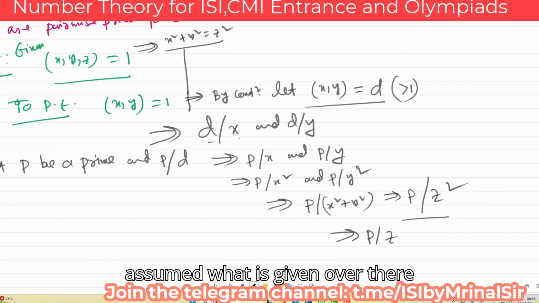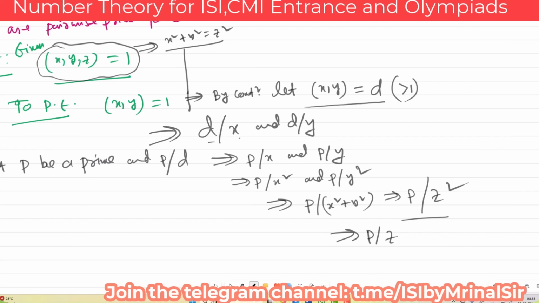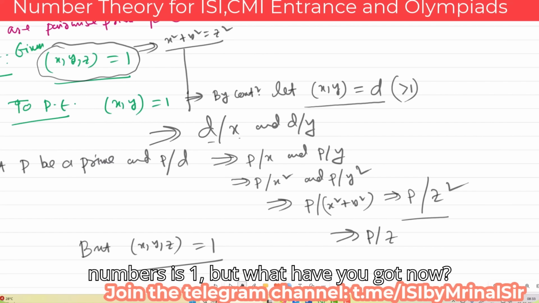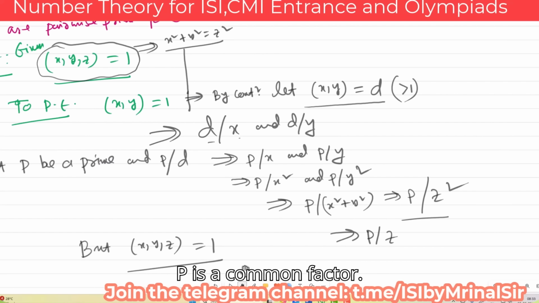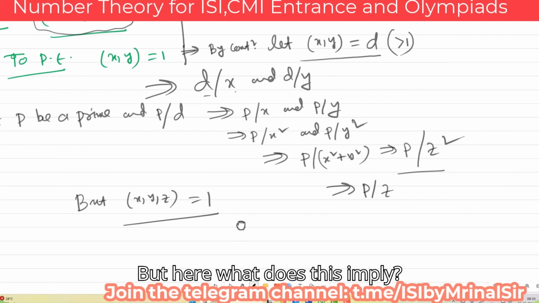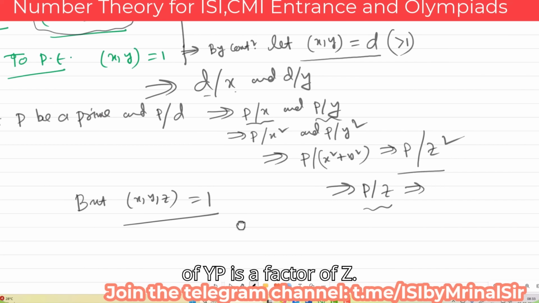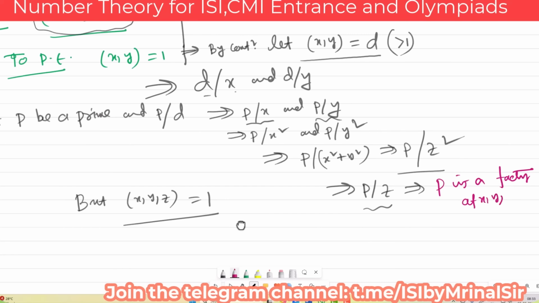But what is given over there? The GCD of x, y, z is 1. It is given that the GCD among these three numbers is 1. But what have we got now? P is a common factor: P is a factor of x, P is a factor of y, P is a factor of z. So P is a factor of x, y, z.